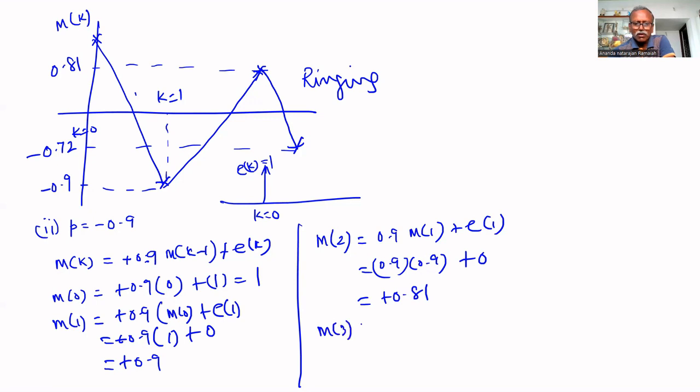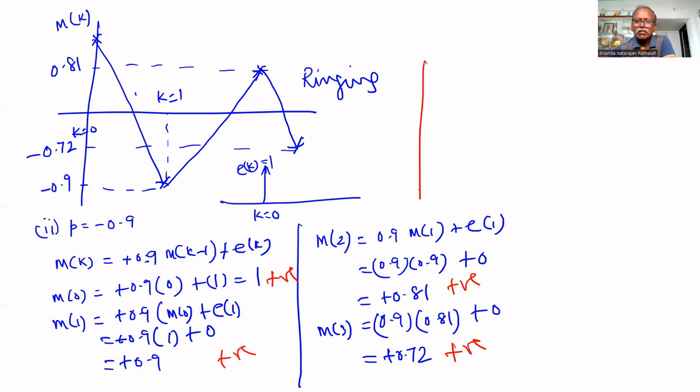M of 3 equals 0.9 multiplied by M of 2, which is 0.81, plus 0. That is equal to plus 0.72. So all the values are positive, again positive, again positive.